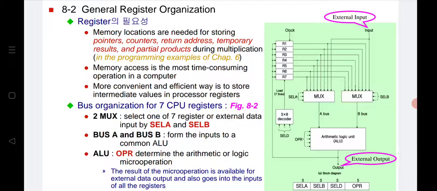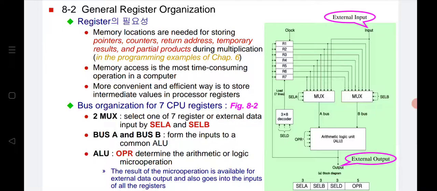Now let us get in depth. In this block diagram, you have a 3:8 decoder, and for this decoder we have 3 selection lines, which we call select D, the selection of the decoder.